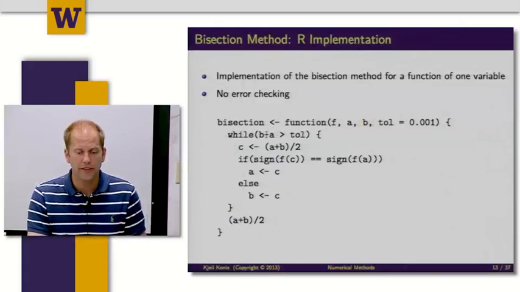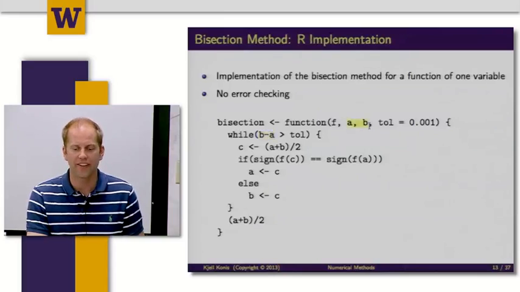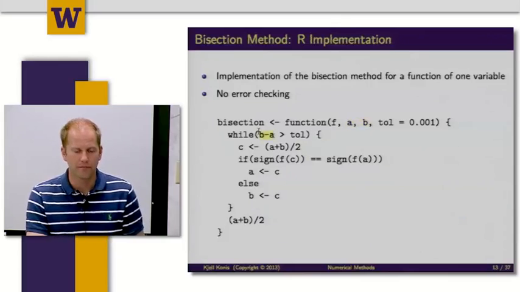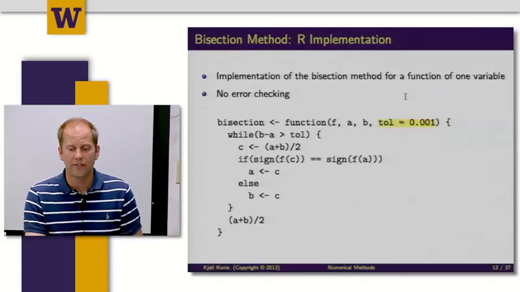And so I know b is going to be greater than a. That's another thing that this isn't checking. I could put in -3 for b and +5 for a, and the function's still going to run. So while b minus a is greater than this tolerance value, and this is another nice feature of R: if I want to have an argument here that you can change, but I don't want it to be required every time you run the function, I can put an equals here.